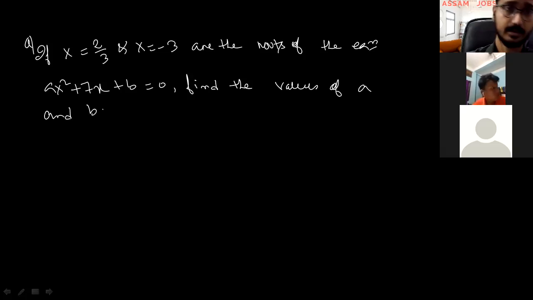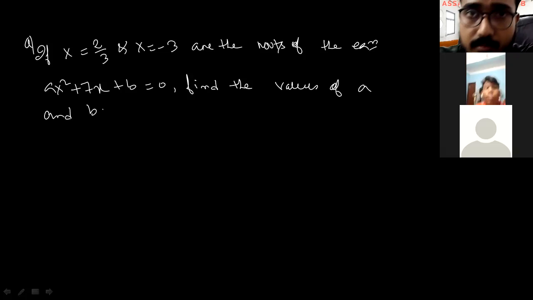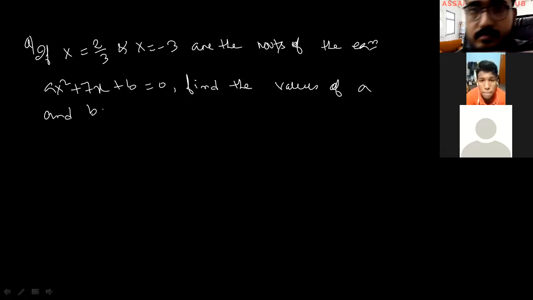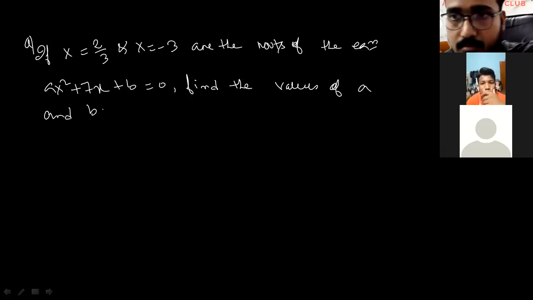Same question, one type of question I have already solved now. So how can you find the value of a and b? First, you have to put the value of x equal to 2/3, and then you have to put the value of x equal to what? -3.